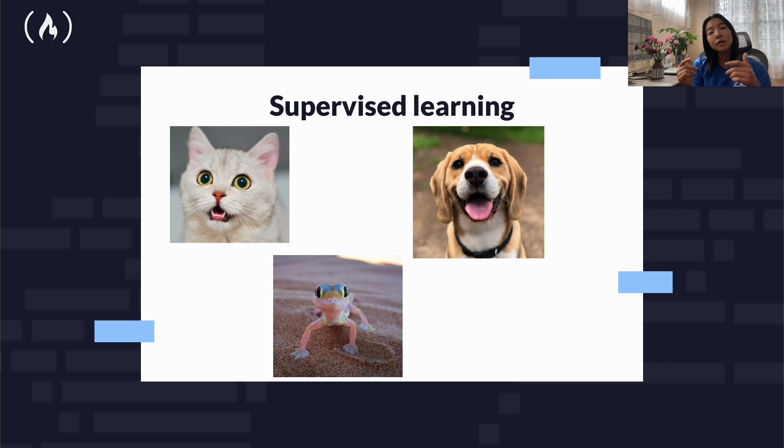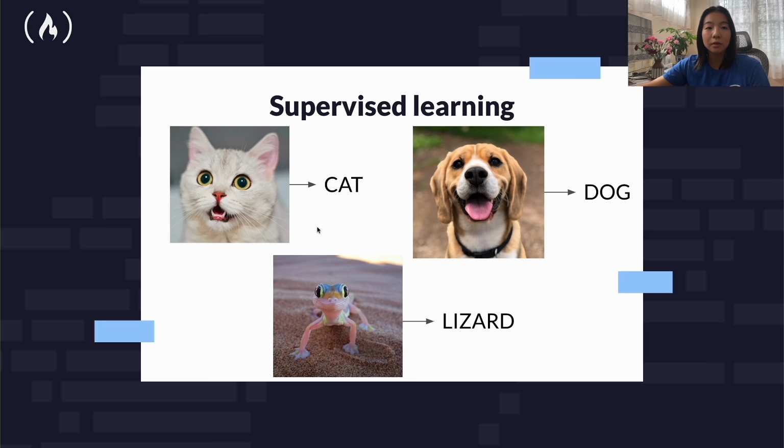To a computer, all these pictures are pixels. They're pixels with a certain color. Now in supervised learning, all of these inputs have a label associated with them. This is the output that we might want the computer to be able to predict. So for example, over here, this picture is a cat, this picture is a dog, and this picture is a lizard.